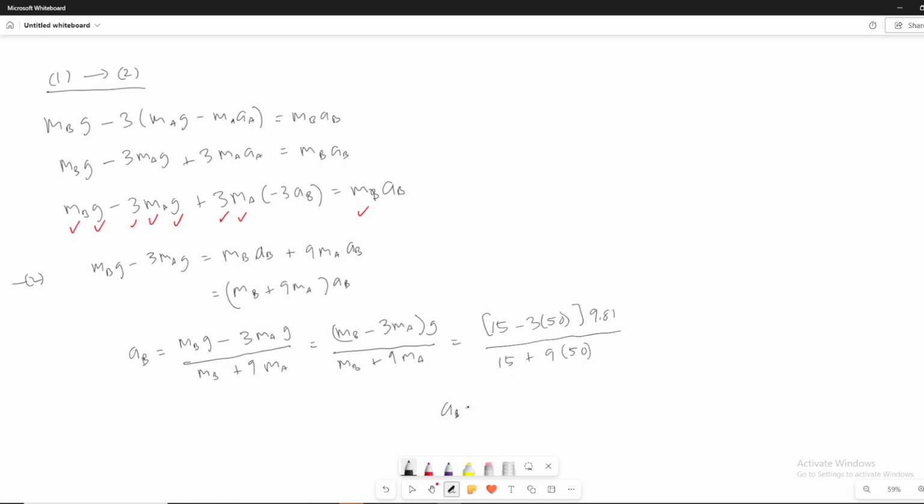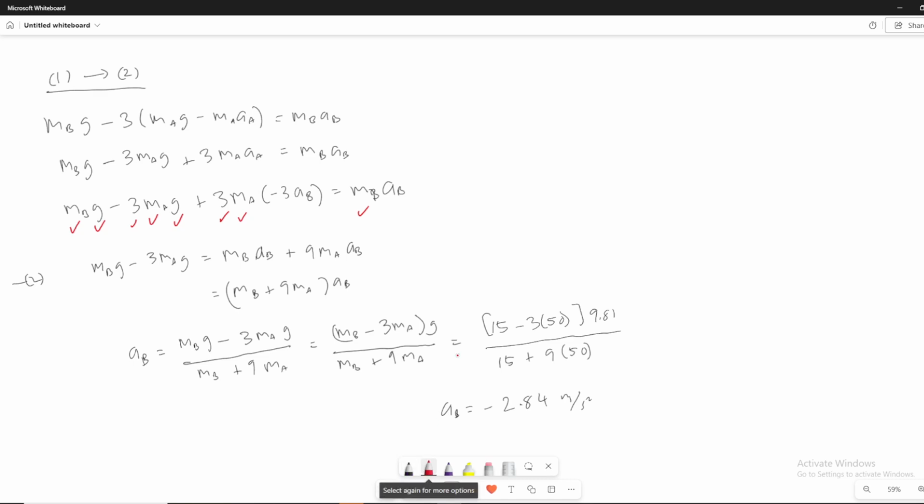So AB is negative 2.84 meter per second squared.